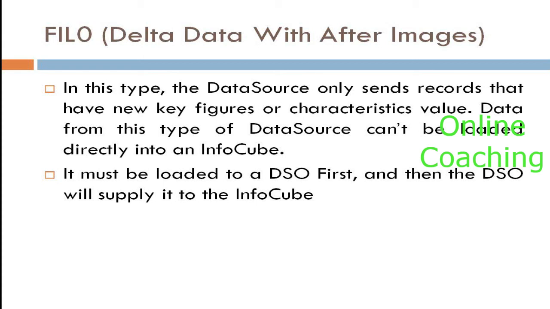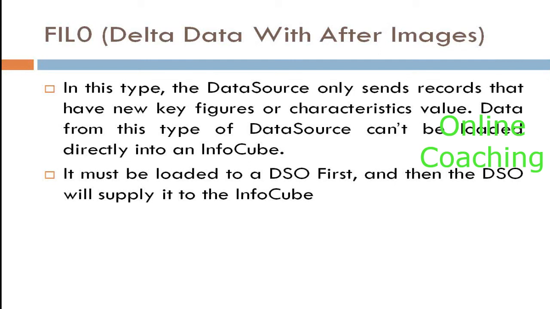So what you need to understand is, if you set up this type of delta, it will pick up only newly created records or new key figure values or characteristic values, or I can say newly created records or changed records.